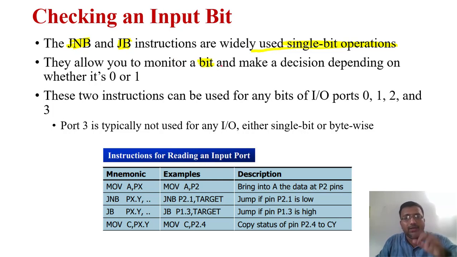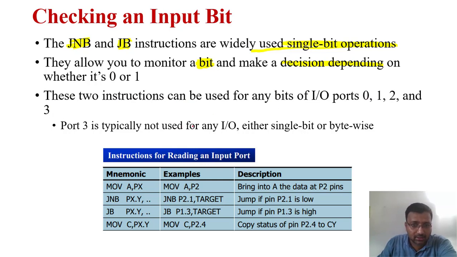Suppose you attach a switch and want to monitor it: once the switch is pressed, you need to turn on the LED. For that, we need to monitor that particular bit, and a decision is taken based on whether it is 0 or 1. These two instructions can be used for any bits of input output of port 0, 1, 2, 3.